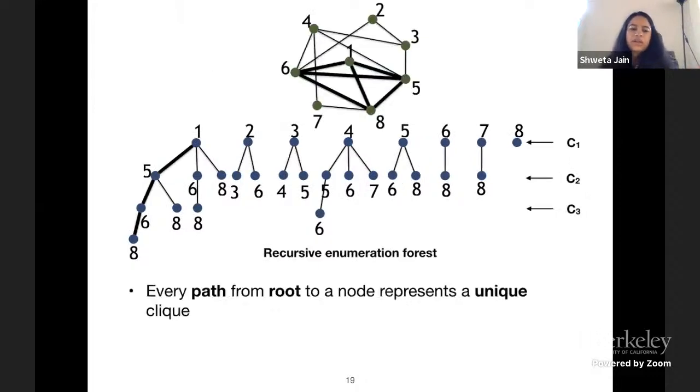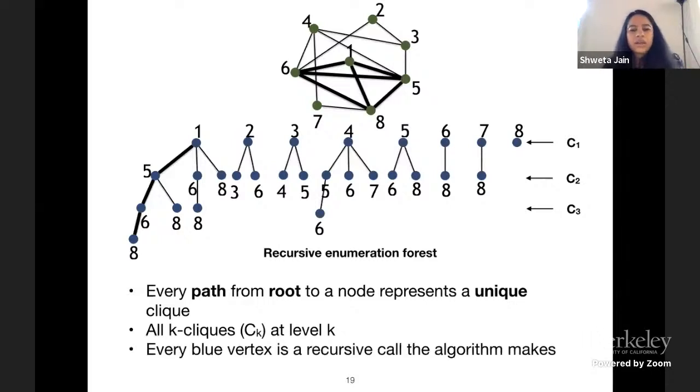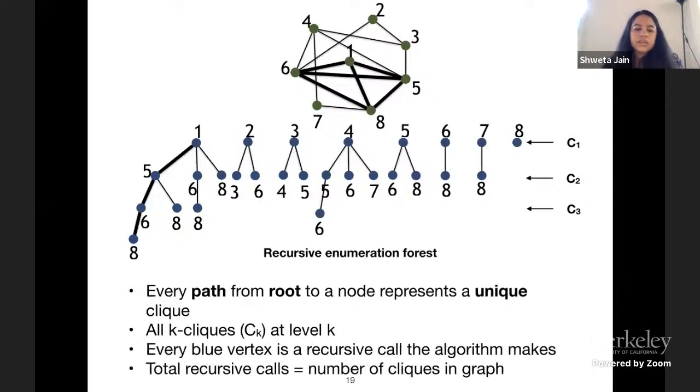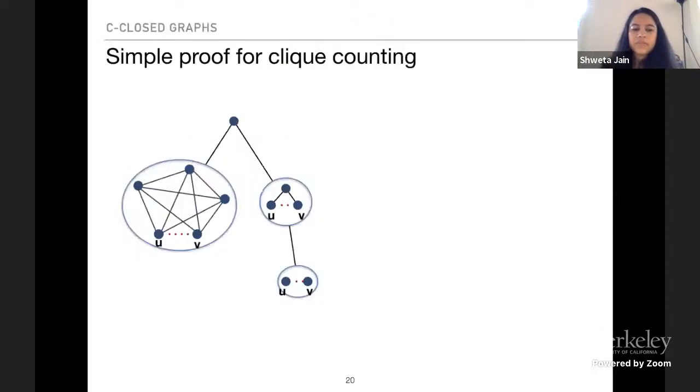One can show that every path from a root to any node in this forest gives us a unique clique from the original graph. All the blue nodes at level 1 correspond to cliques of size 1, at level 2 correspond to cliques of size 2, and so on. And basically the size of this enumeration forest is equal to the number of cliques in the graph.